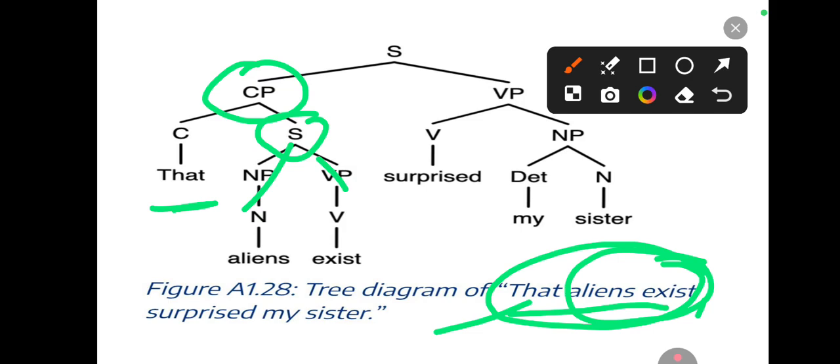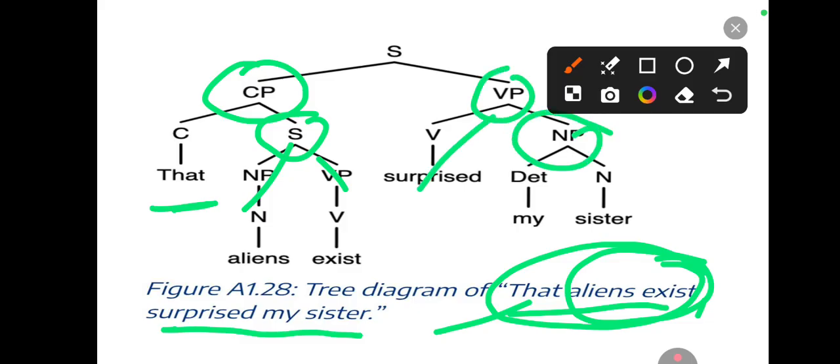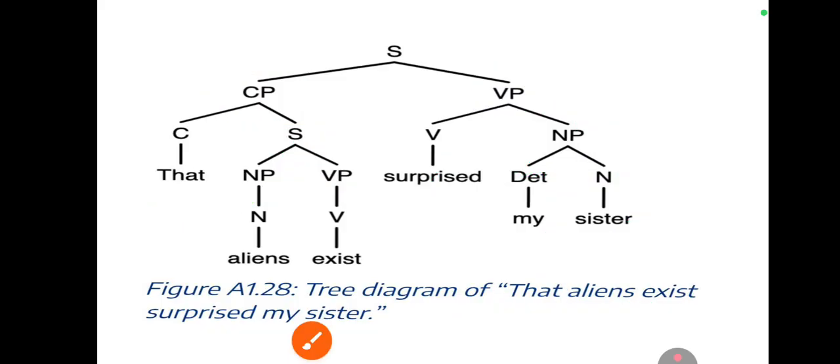Now, "surprise" is the main verb. "My sister" is a noun phrase because this is a determiner and this is a noun. So this way such a sentence will be analyzed, right?